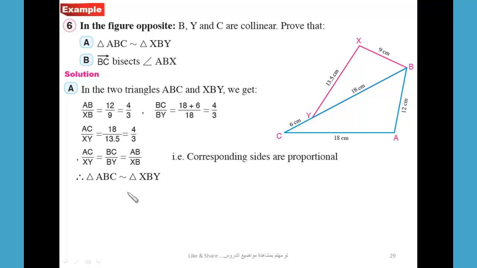Second required: since triangle ABC is similar to triangle XBY, the corresponding angles are equal in measure. That means the measure of angle ABC equals the measure of angle XBY.